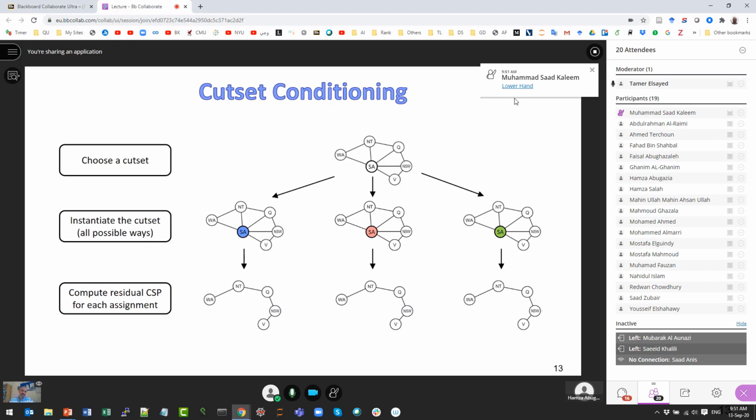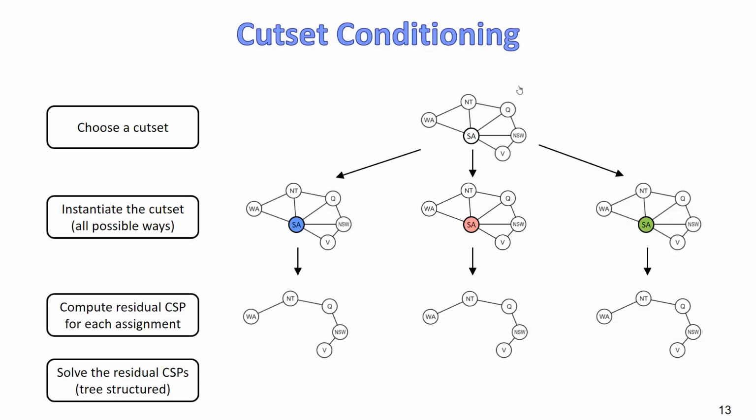Last question, Saad. The cut set itself? Generally, I don't think they have to be adjacent to each other. No. But when you instantiate them, you have to instantiate them all together.